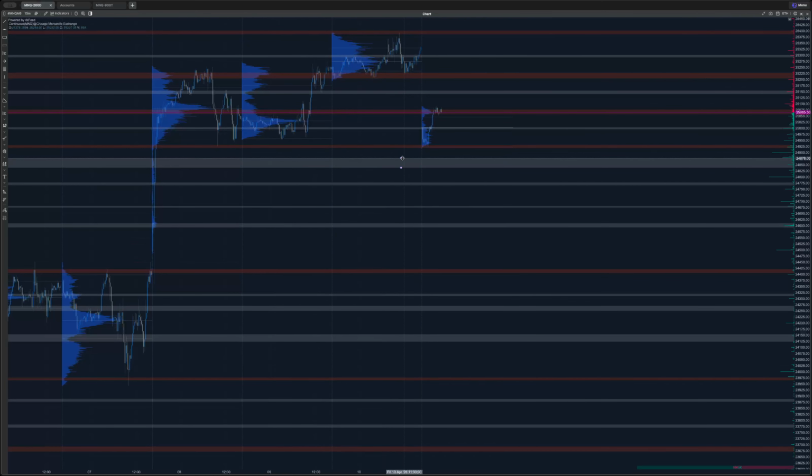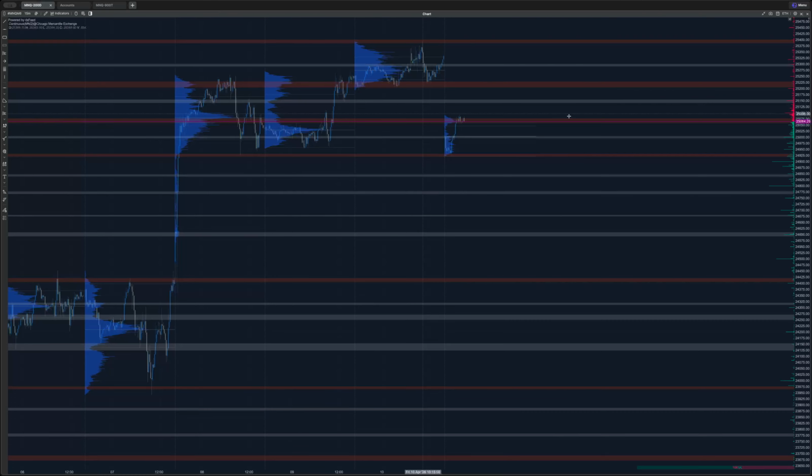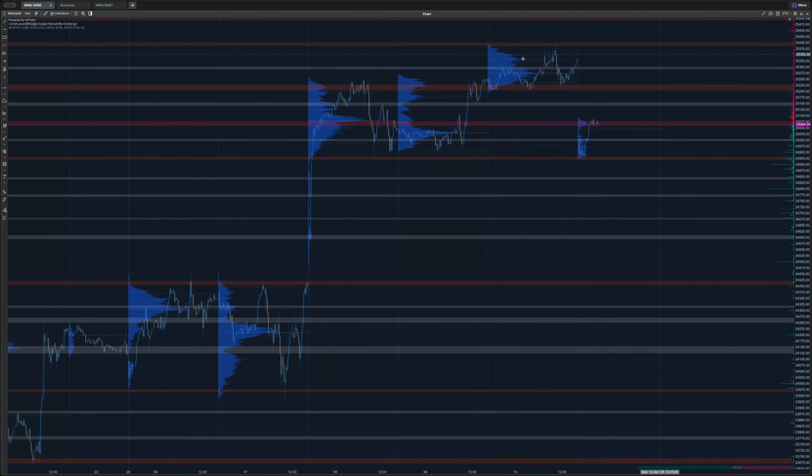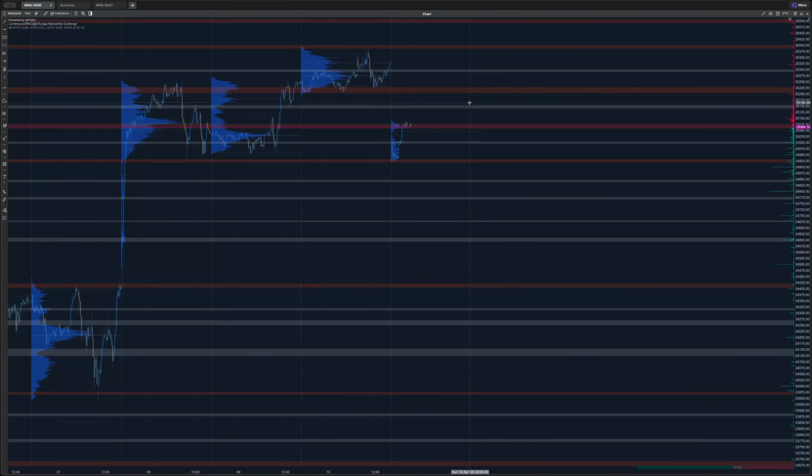I put it more here at this low volume area where the market actually spiked up, went back, and then went up again. Give it some space for this area here. So that's about it for the market preparation in terms of direction.